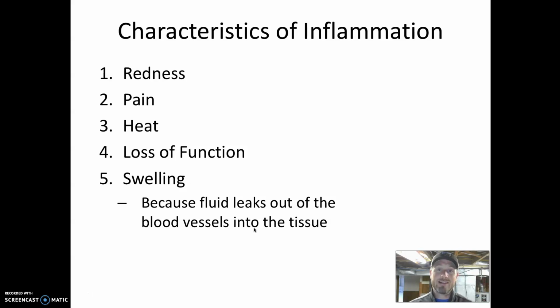So we've talked in the past about how inflammation always increases vascular permeability. That's so the white blood cells can get into the tissue and protect us. But unfortunately, when we let the white blood cells out of the bloodstream, a bunch of fluid leaks into the tissue with them. That increases the volume of the tissue, and we get swelling.